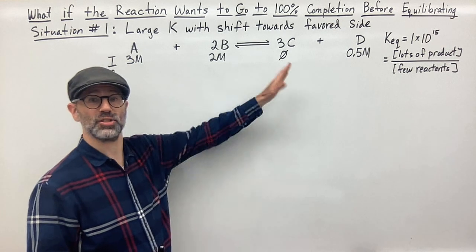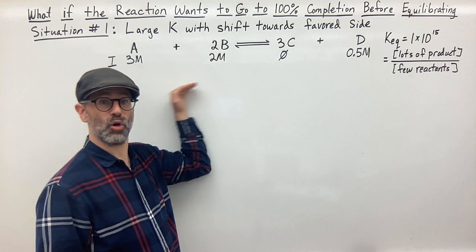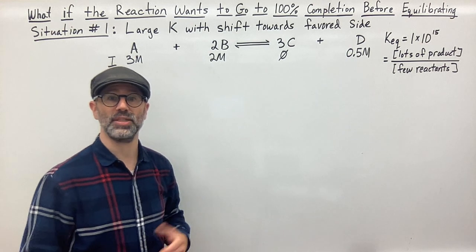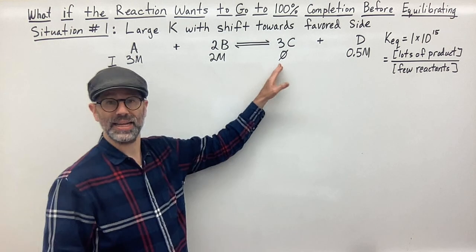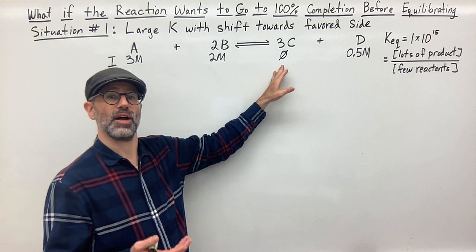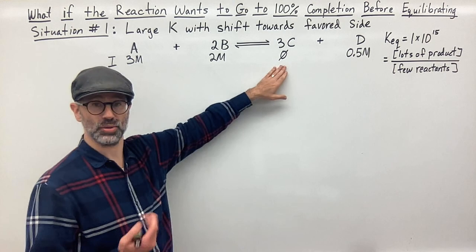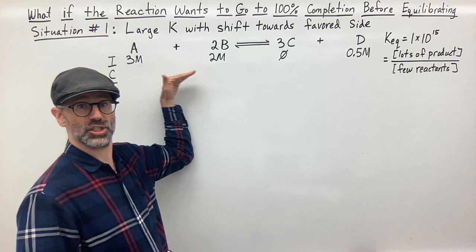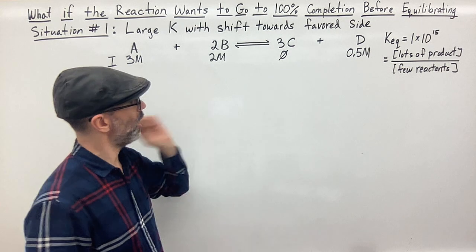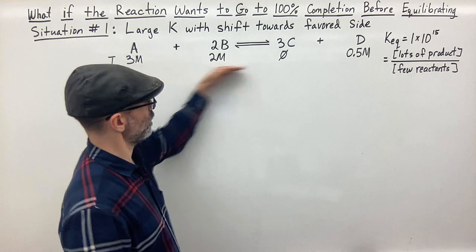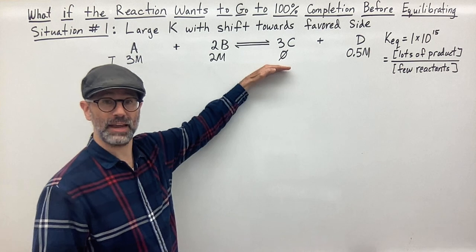Anytime there's a 0 on one side or the other, you know it's going to shift towards the side with the 0. You can figure out the Q value by plugging it in, and you'll see that Q is 0, which means it's going to shift this way. So we know it's going to shift towards the favored side.